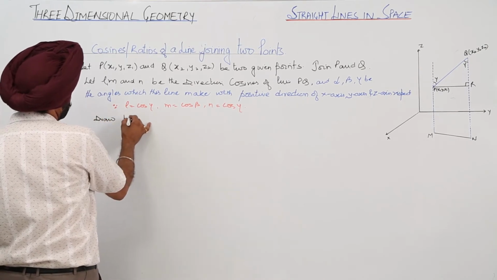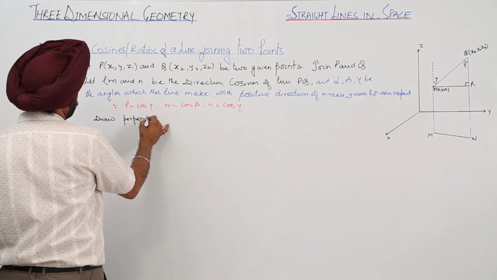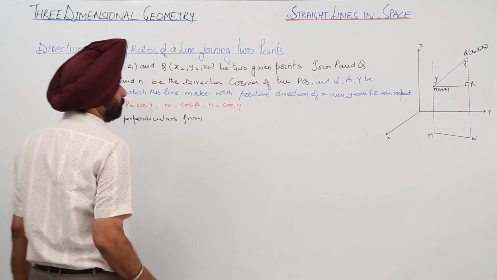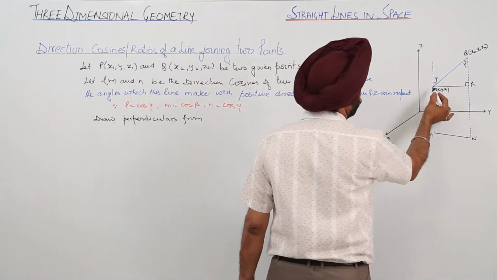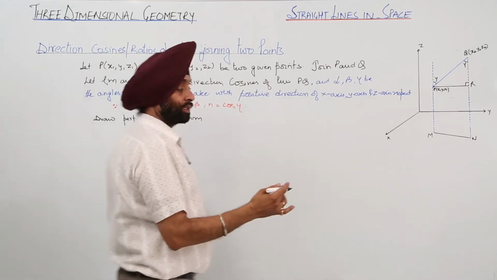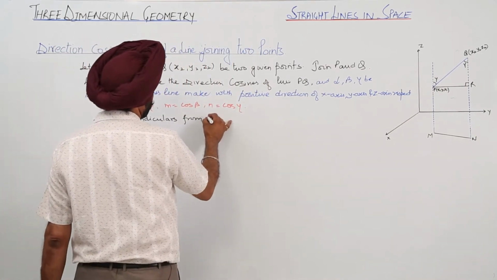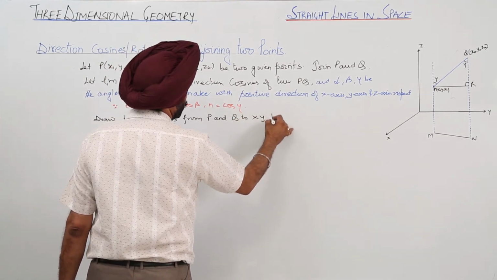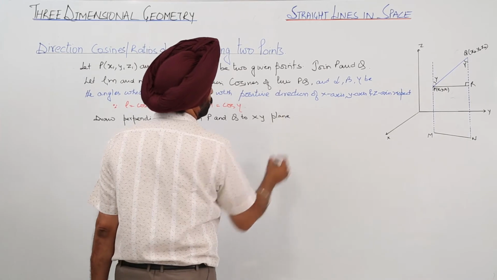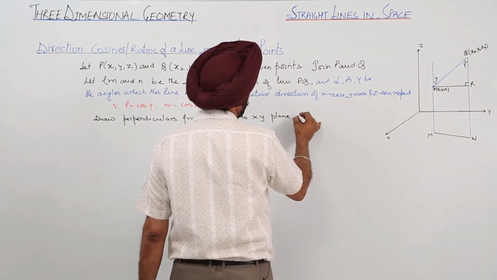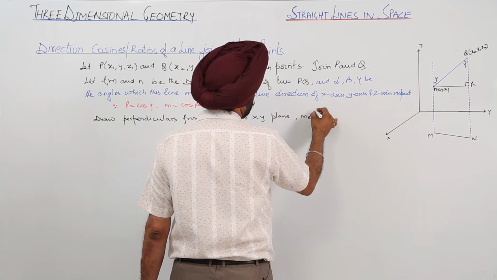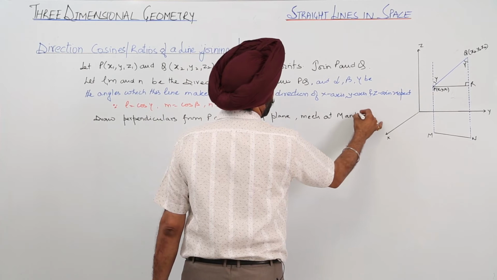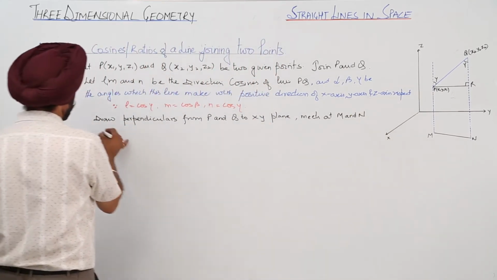Draw perpendiculars from P and Q to the xy plane. Now we have drawn perpendiculars from P and Q to the xy plane, which meet it at M and N respectively.